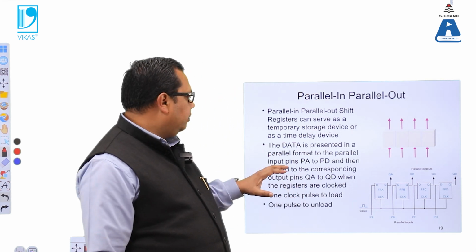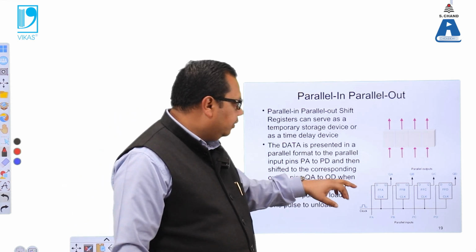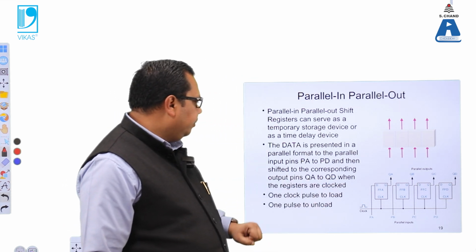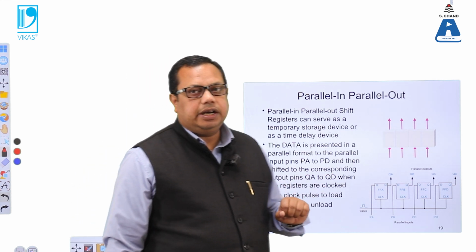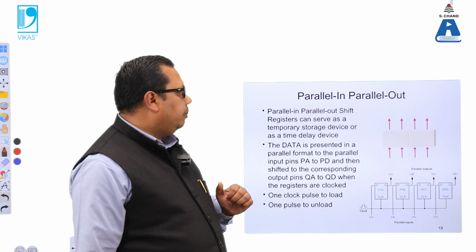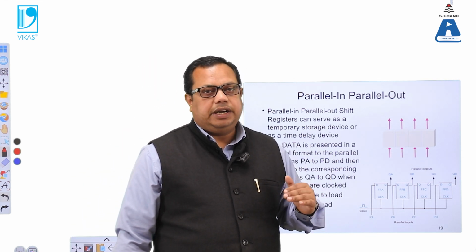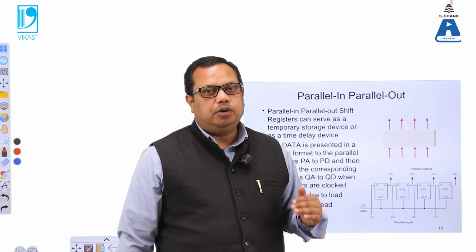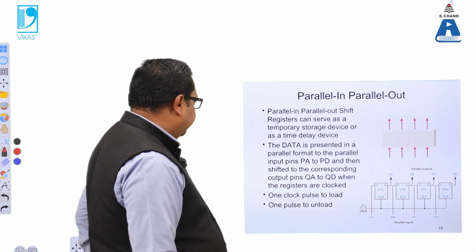In parallel in, parallel out, the input pins PA to PD are shown, and the outputs QA to QD are connected. So we have an input mode and an output mode. The data will flow from the input mode to the output mode, and then the conversion will take place.